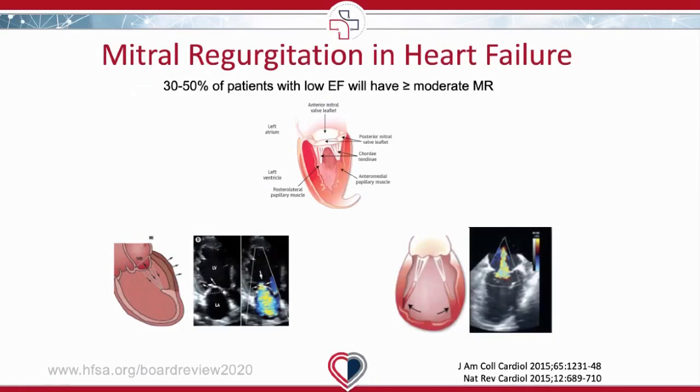So if you're like me and you feel like you're constantly seeing mitral regurgitation in our heart failure patients, it's because you are. Up to half of the patients with low EF that we take care of will have greater than or equal to moderate MR. The 2 flavors of MR that we see primarily are restricted motion of the posterior leaflet associated with prior myocardial infarction, or ischemic MR, and LV dilation due to non-ischemic cardiomyopathy, which impairs leaflet coaptation and leads to flattening of the mitral annulus.